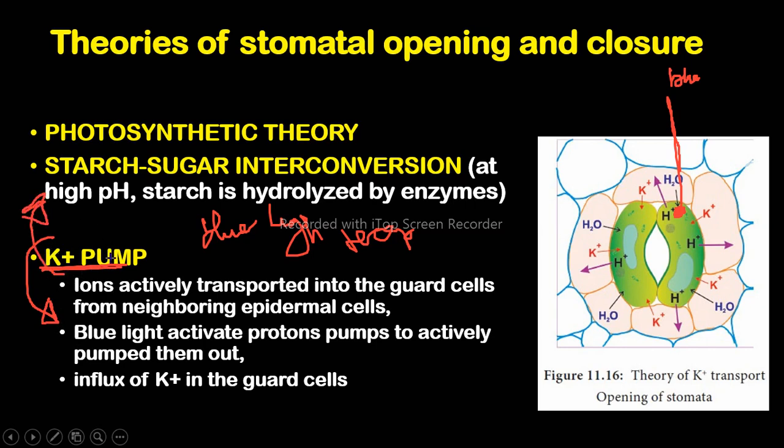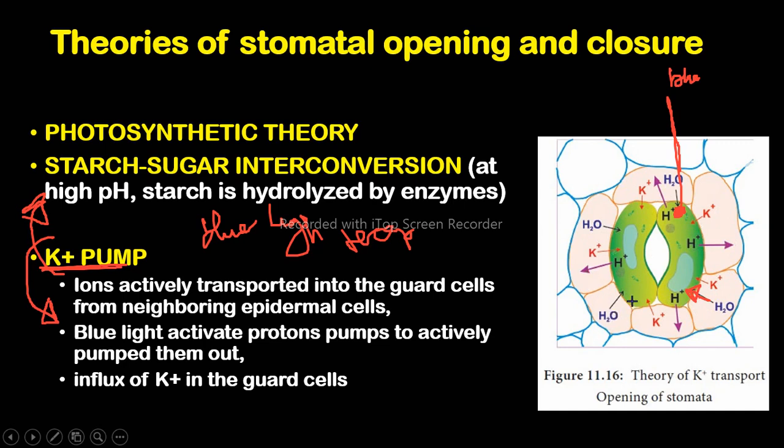The pumping of potassium ions inside the guard cell lowers the water potential of the guard cells and increases the osmotic water uptake of these guard cells. So as a result, water enters into the guard cells from the neighboring epidermal cells.